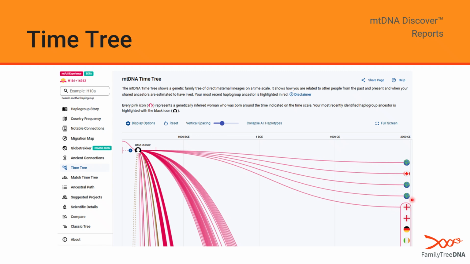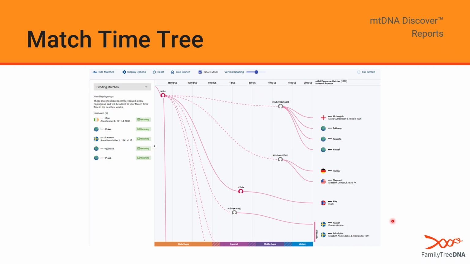And not only that, but if you've taken an mtDNA test with FamilyTreeDNA, you can also access the match time tree. So these are going to be living people today who share those same haplogroups with you, who are also mtDNA matches to you. You can check them out on the mtDNA matches page.